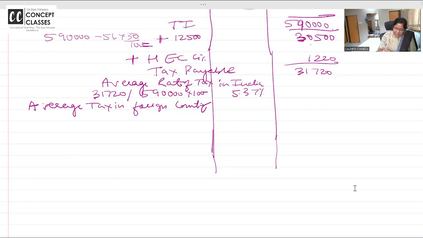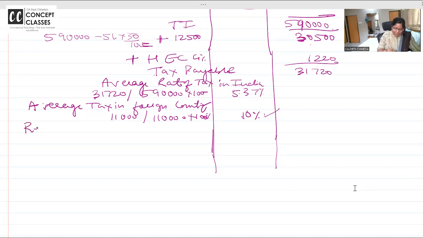There you have paid 11,000 on 1,10,000 into 100 percentage, so it is coming to nearly 10%. The average rate of tax in India is 5.37%, and in the foreign country they have paid 10%. Whichever is lower, that much relief will be given on the foreign country income.